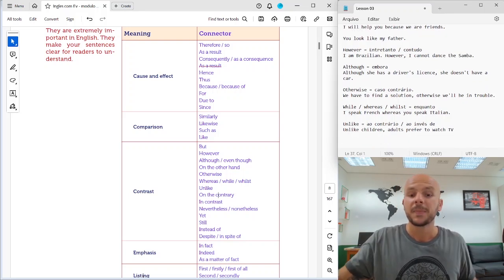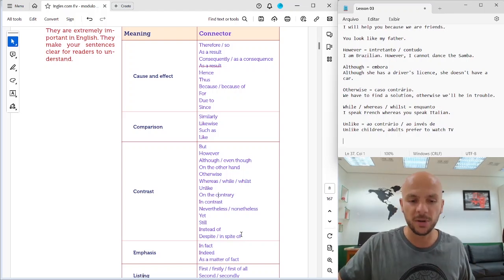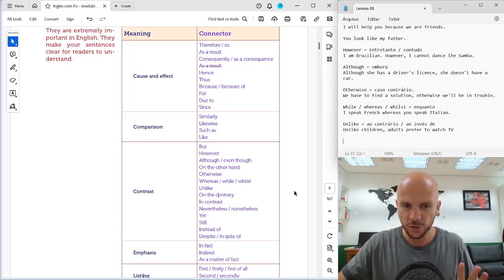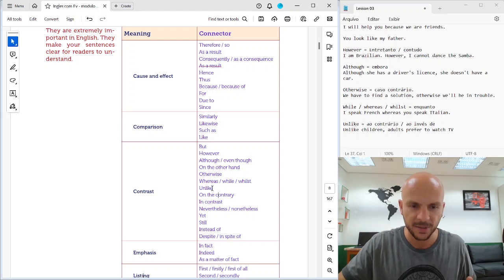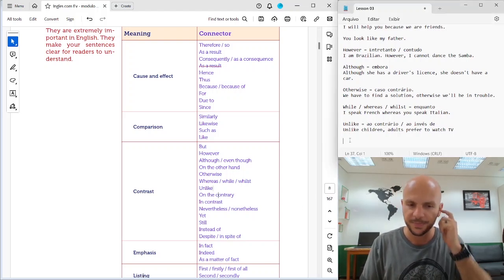There are many connectors. We'll start with them slowly. Just two more here from this list. And slowly you are going to build your list of connectors.